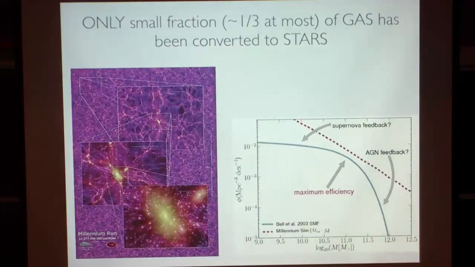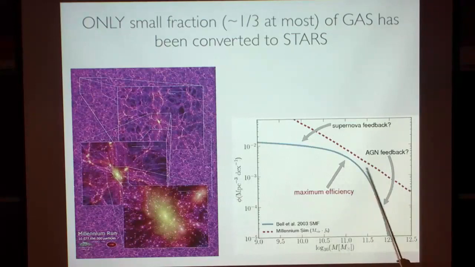And lastly, on very large scales, we also see such low star forming efficiency for entire structures within the galaxy. What this shows is the stellar mass function.